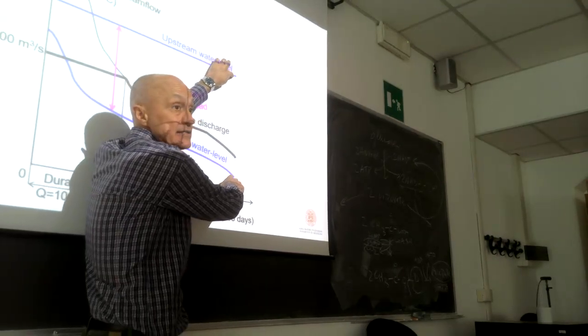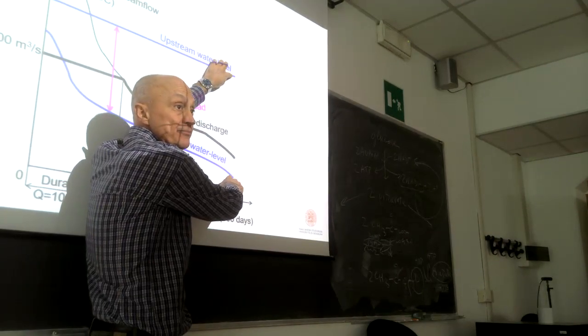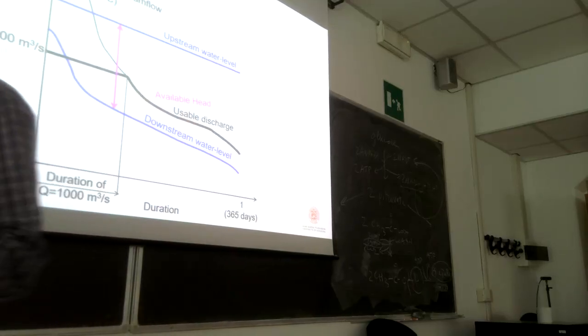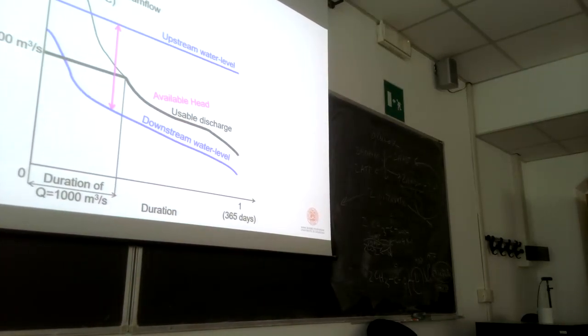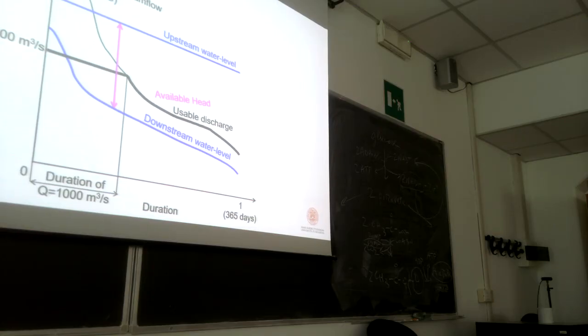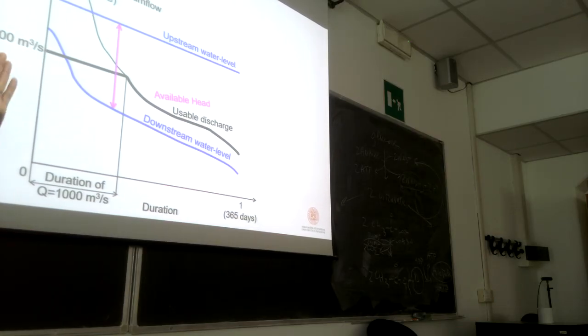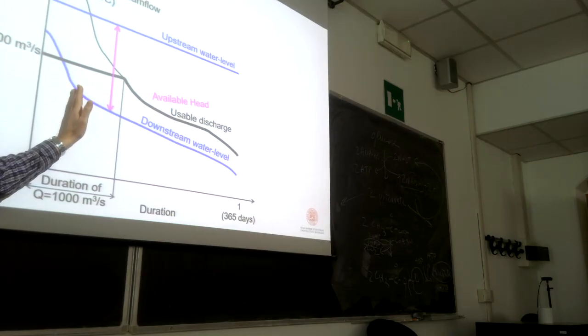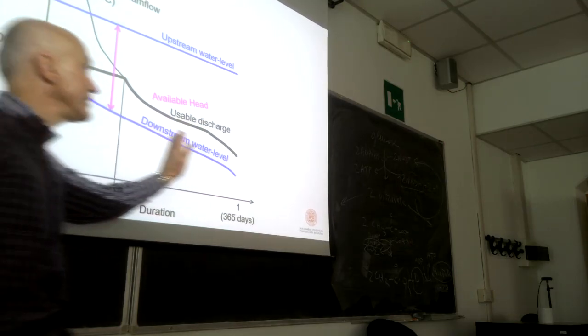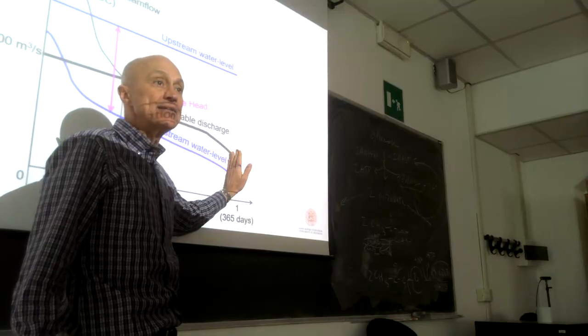This is why the power duration curve is normally a bell, because it is the multiplication between the available head and the usable discharge. Okay? One goes down while the other one goes up.